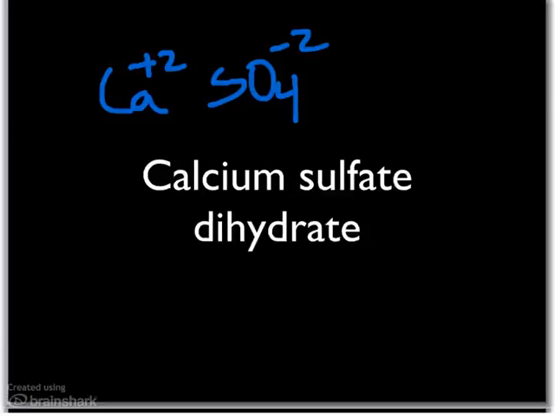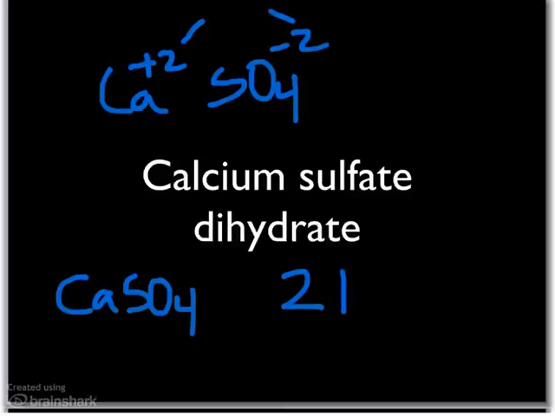Like I said before in a previous video, the 2 charges are equal. You have a +2, you have a -2, so you can just put them together. So you have CaSO4. Now to take care of the dihydrate, di is just basically 2, hydrate is just water. And because it's a hydrate, make sure you put the little dot in the middle because that represents hydrate.